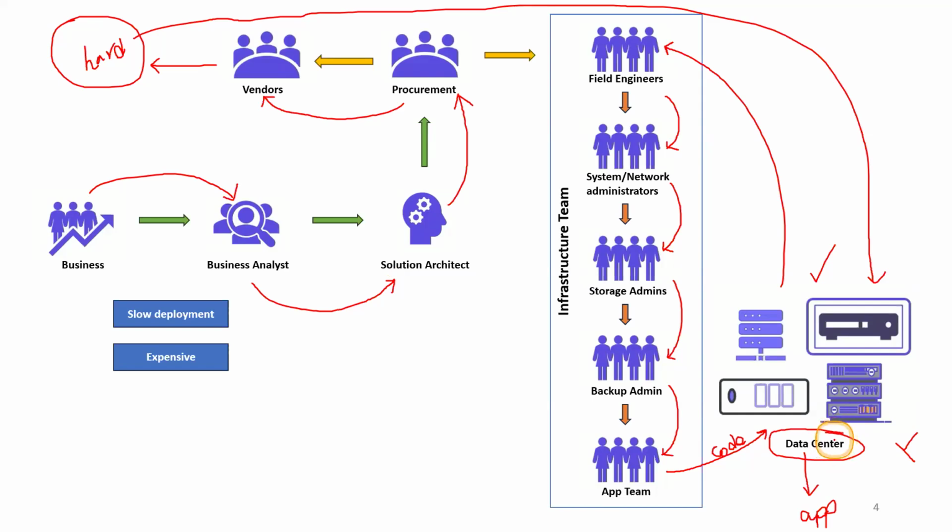A lot of money has to be spent on the data center, and we have to have this many people working behind the scenes, and we need to recruit the procurement team, vendors team, and many more teams working behind the scenes. So the overall cost to deploy and maintain this working model is very high. That is the reason I call it an expensive model.